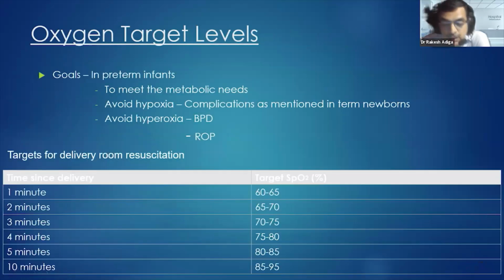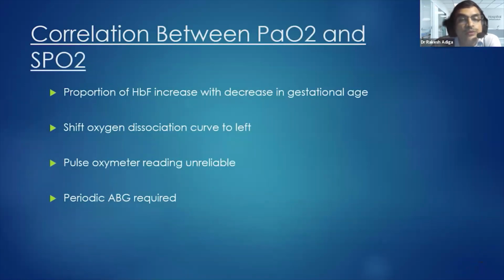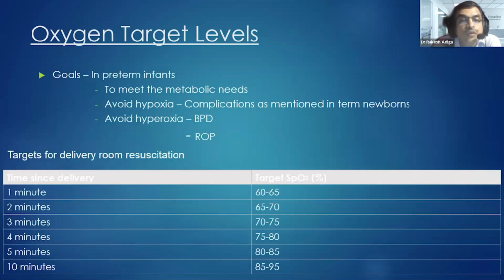So always we have to preserve HbF because it has very good affinity towards oxygen. And if you transfuse adult hemoglobin containing blood, which has very low affinity towards oxygen, it can produce a lot of oxygen toxicity in a newborn, like retinopathy of prematurity.